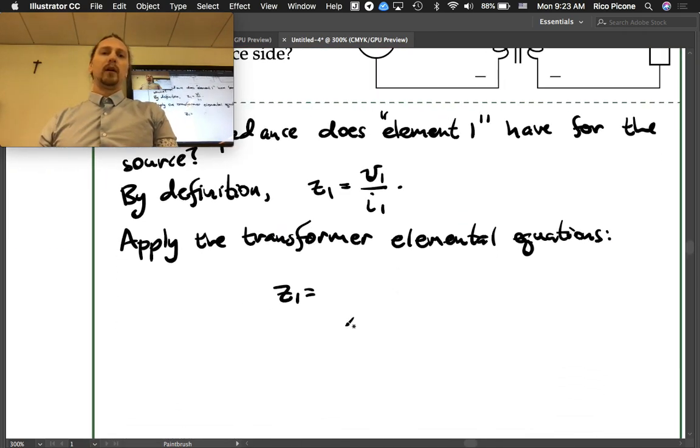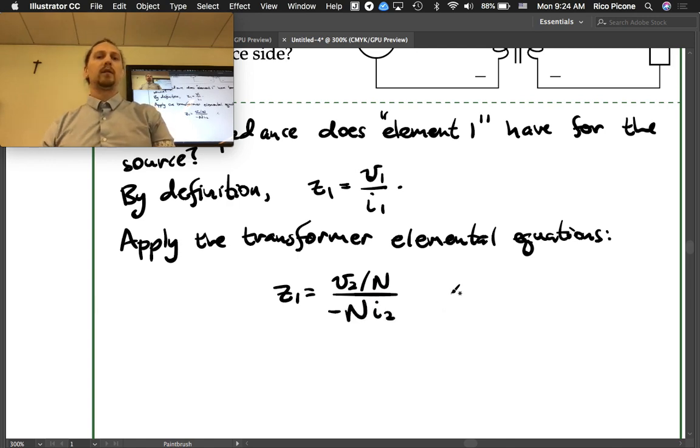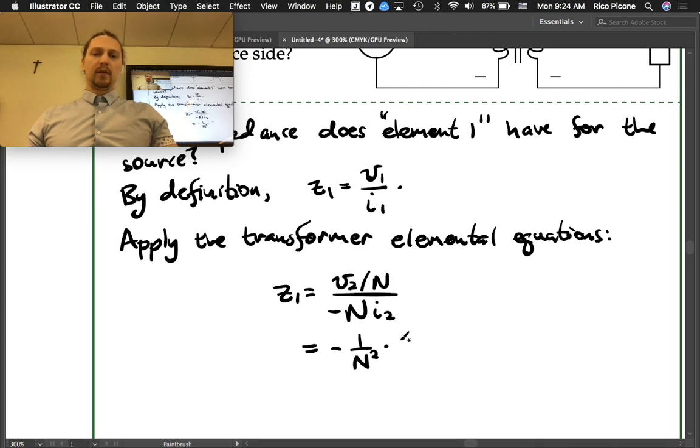So V1 becomes V2 over N, and I1 becomes negative N I2, right? So if we simplify this, the N's can combine, and we get negative 1 over N squared times V2 over I2.